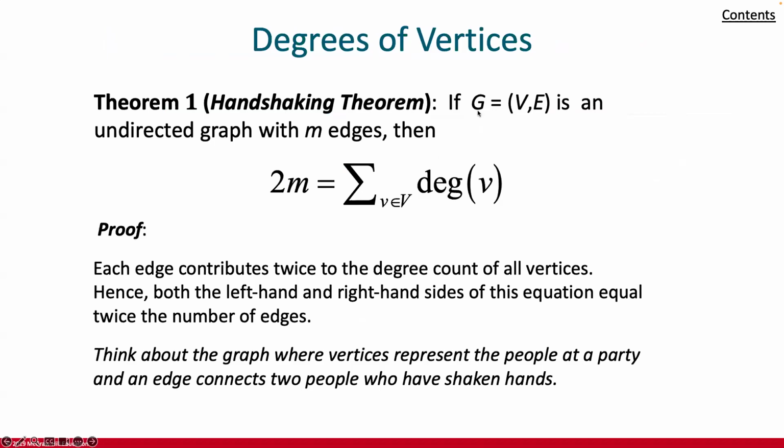If G equals (V, E) is an undirected graph with m edges, then we have this relationship that we see here. We can think about a graph where vertices represent the people at a party and an edge connects two people who have shaken hands. This is why you could think of this as a handshaking theorem.